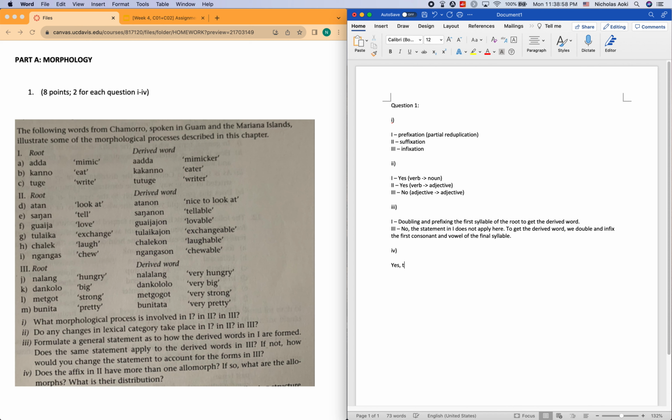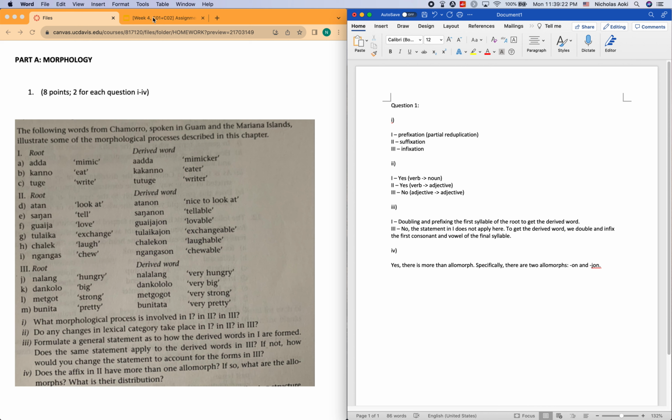So for the first question in 4, does the affix in 2 have more than one allomorph? Yes, there is more than one allomorph. Specifically, there are 2 allomorphs, 2 versions of this suffix, on and yon. And I place this dash here to indicate that it's a suffix. So what is a distribution?